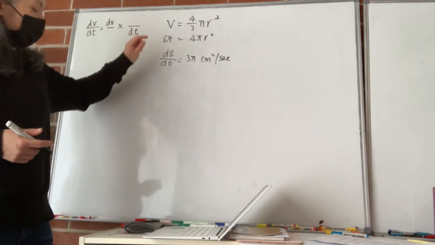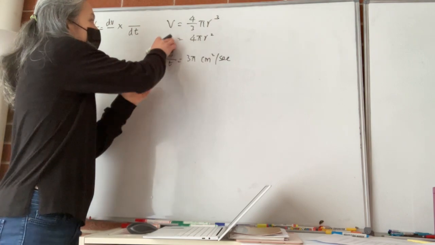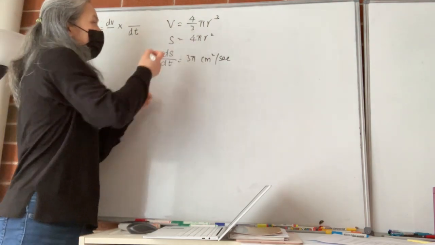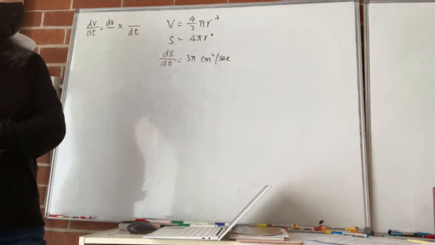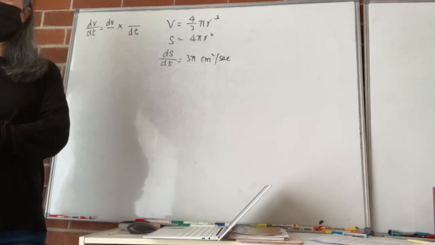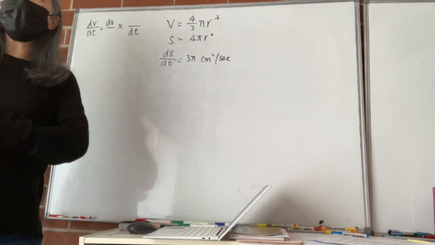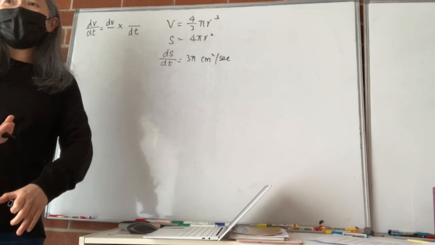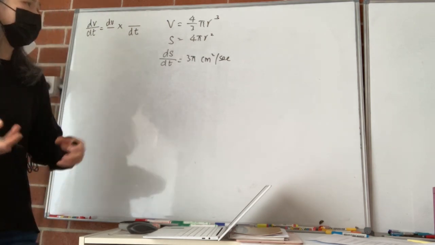We have S, let's call it S, not SA. What I can get is dS/dr, and dr/dt will give me the dS/dt. Okay, let's try to work on that part.